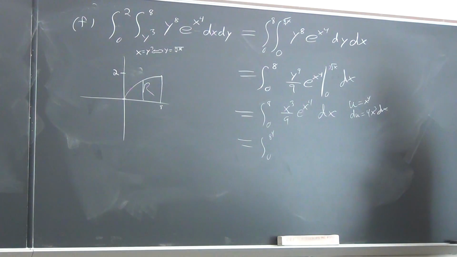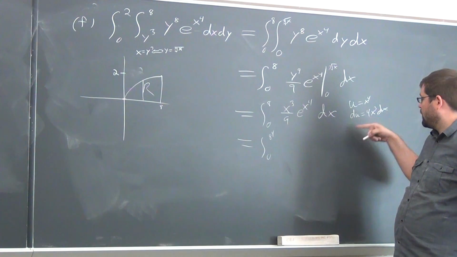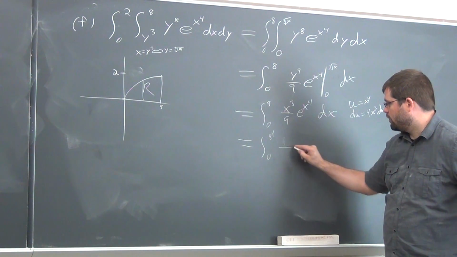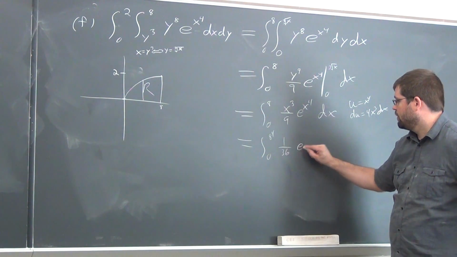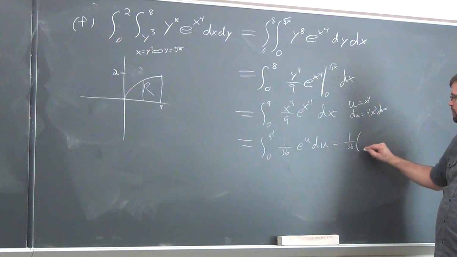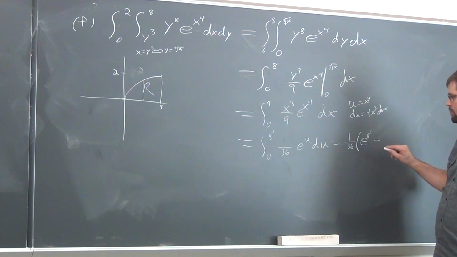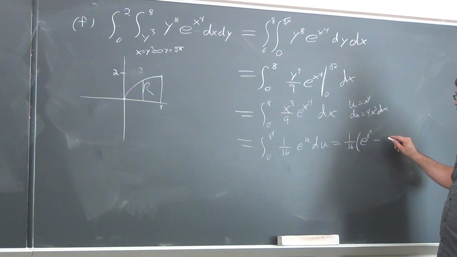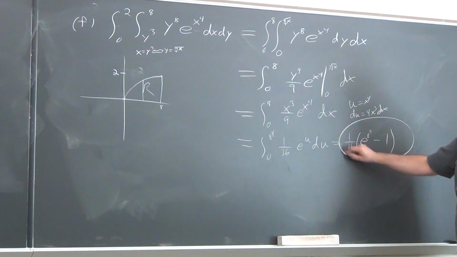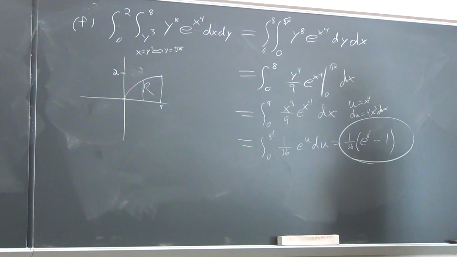Your bounds switch to be 0 to 8 to the 4th, and then the x cubed dx becomes 1/4, and you already have the 1/9, so you'll end up with 1/36 e to the u, and then plug those in: e to the 8 to the 4th minus e to the 0. You have that big mess of a number. Does that make sense?